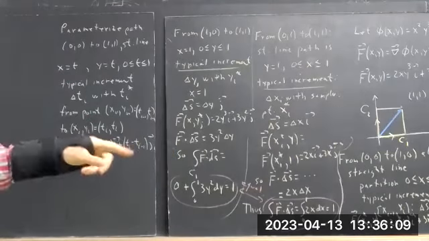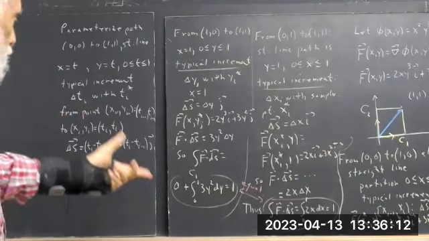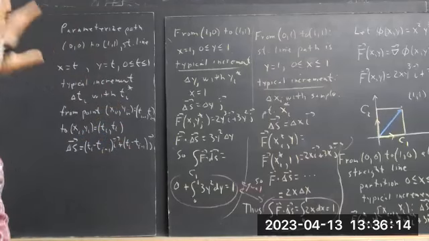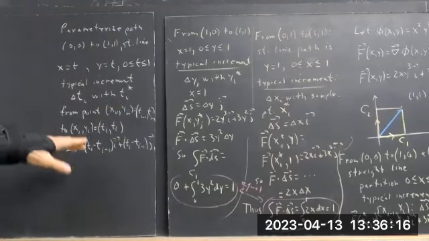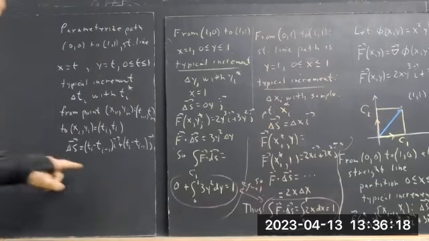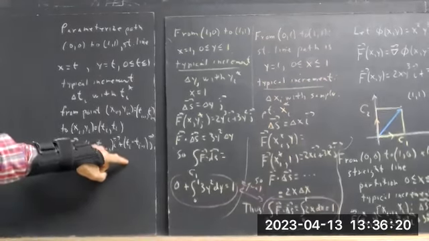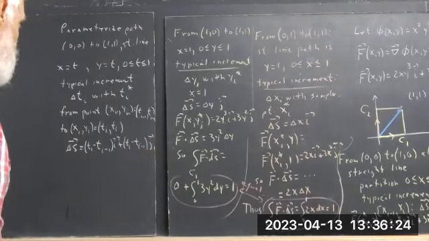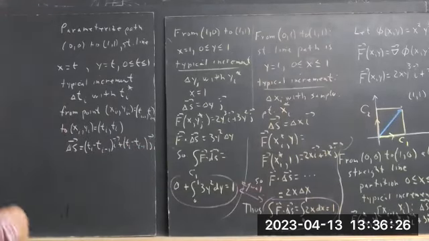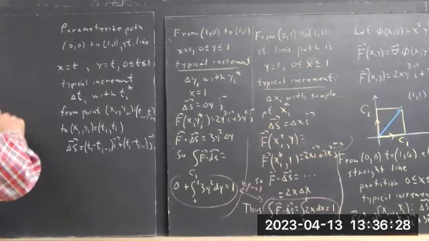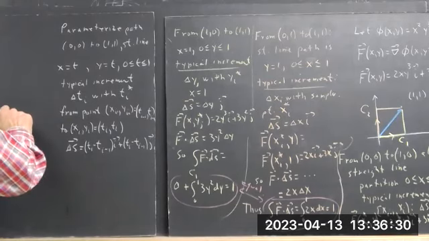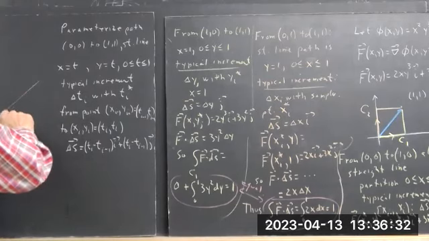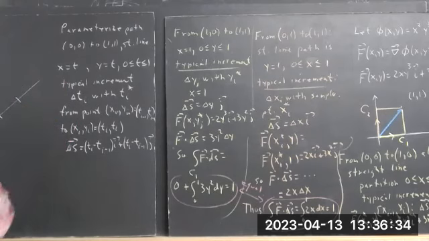Your delta s is (t_i - t_{i-1}) i plus (t_i - t_{i-1}) j. Now, that's a bunch of symbols. What the heck does the delta mean? You're on this path. Somewhere on this path, you have an increment here.